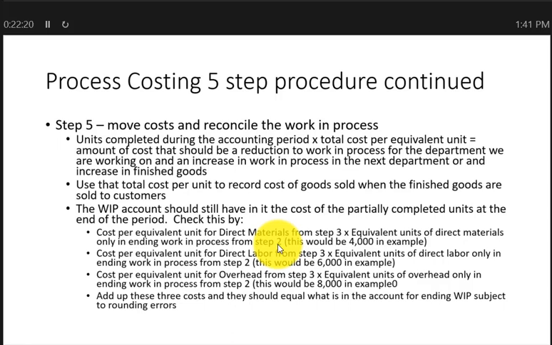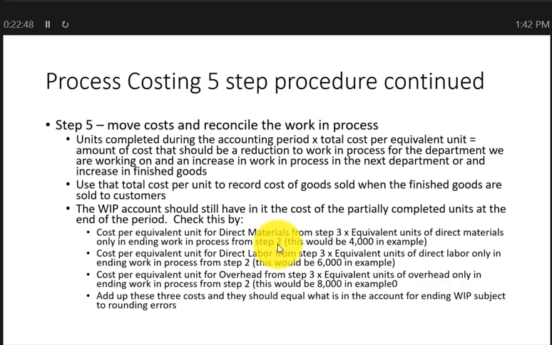So that would be 4,000 equivalent units times the cost per equivalent unit for direct materials. Do the same thing for direct labor and overhead. This should tell us what our work in process is for that department at the end of the accounting period.